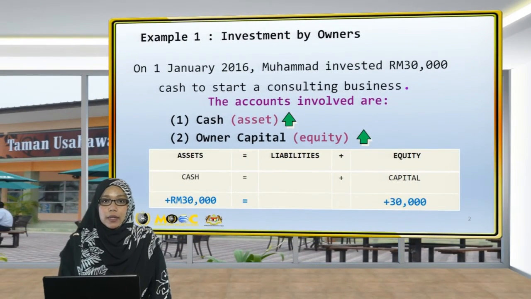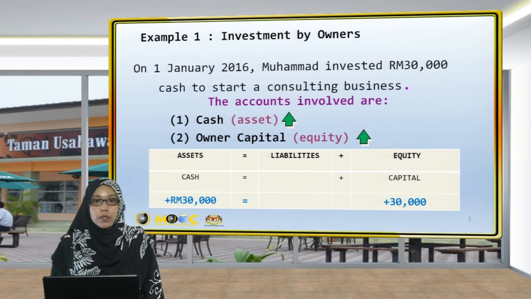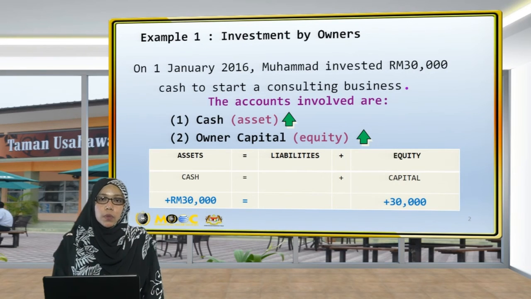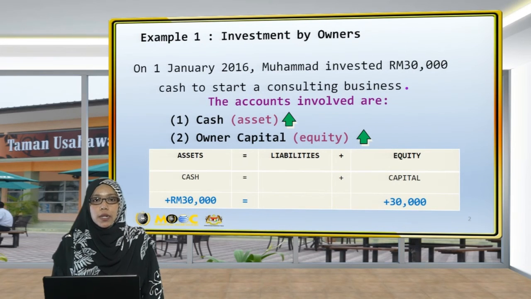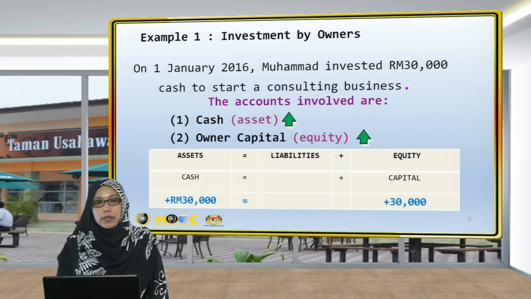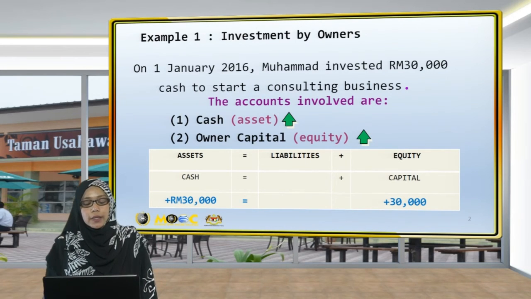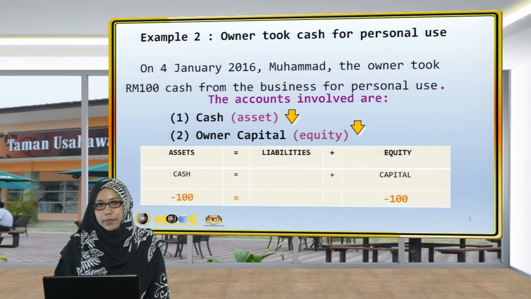We can see that the cash account increased by 30,000 ringgit and the capital increased by 30,000 ringgit too. You can see how the books of Muhammad's business look like after we analyze this transaction. The accounting equation remains in balance. Assets are equal to liabilities plus equity.